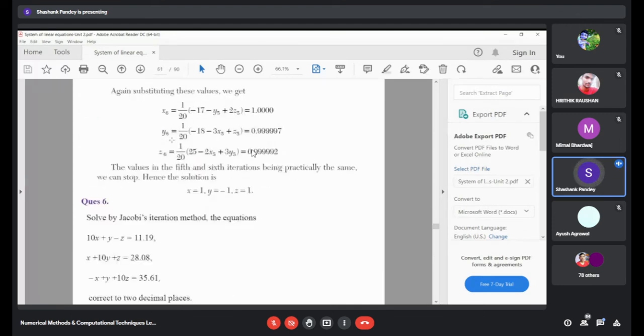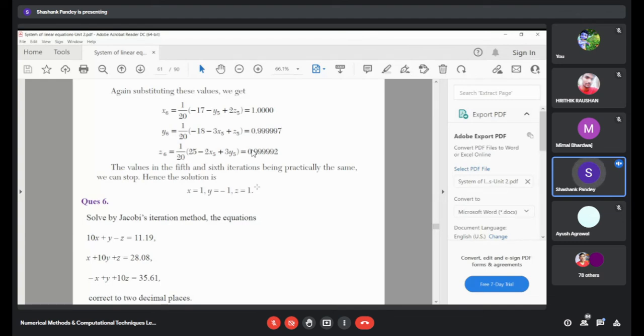Then we are able to get the exact answer. We get the value of x1 as 1, y1 as minus 1, and z as 1. However, in the previous approach, it was only up to the third iteration that we got the correct answer.